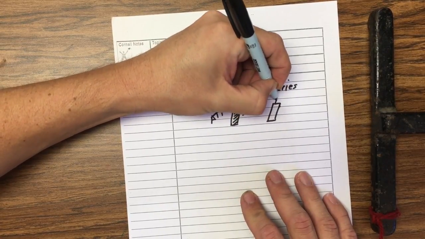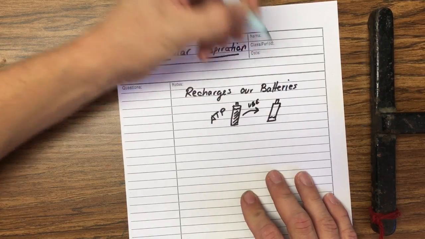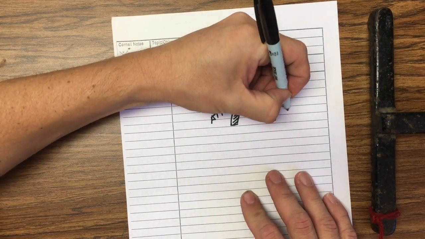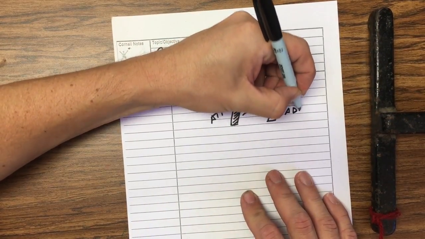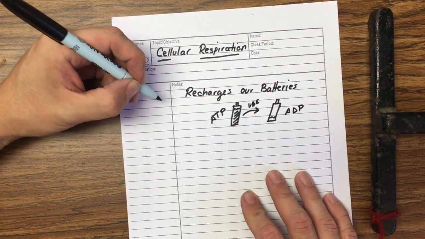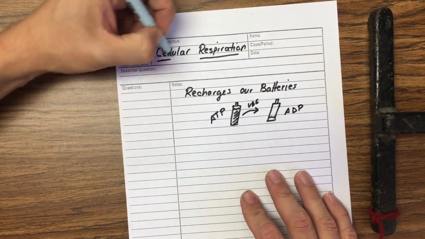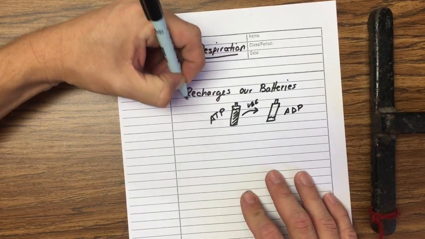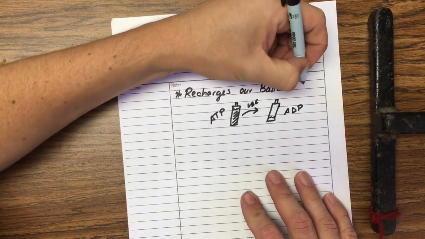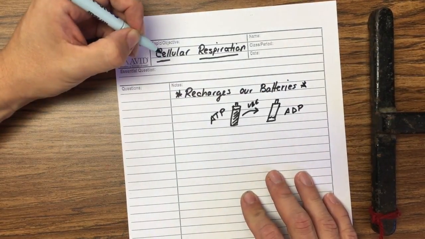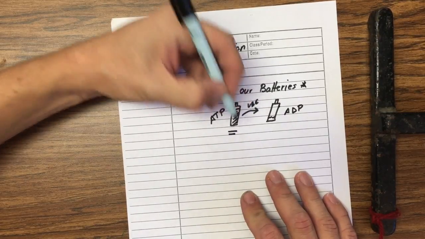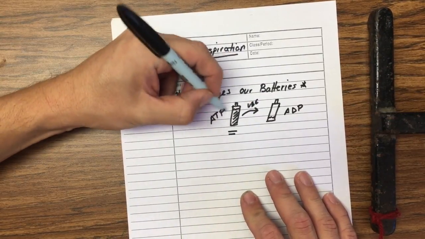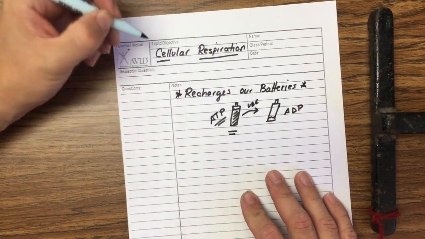When it loses its charge, we call that molecule ADP. So that's what cellular respiration does. It recharges our batteries, and the whole point is we want to make more ATP.